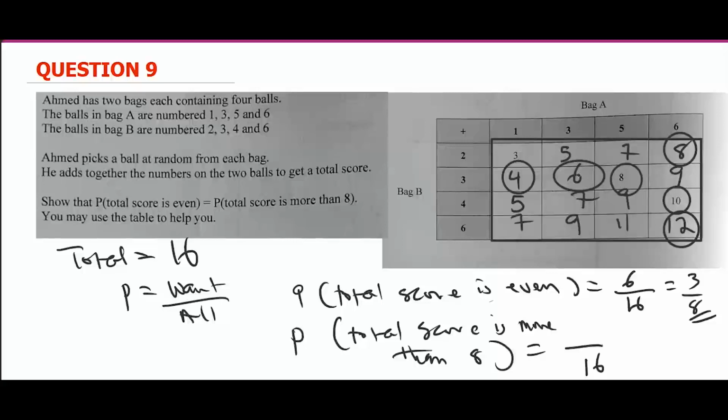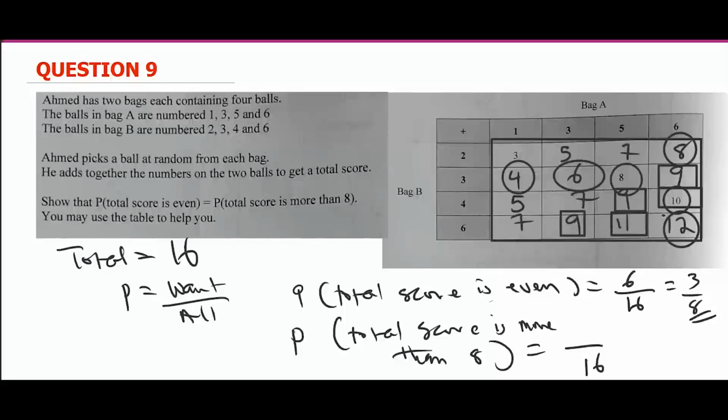So more than 8, I have the first one here. I have 9. Another one again, I have 9 here. I have another one here, that is 9 here. I have another one here, that is 10. So I have another one here, that is 11.